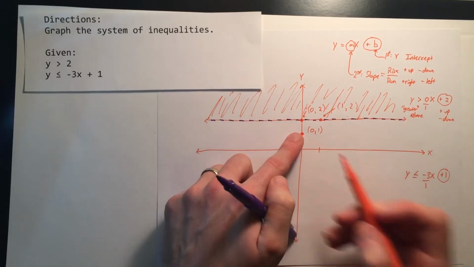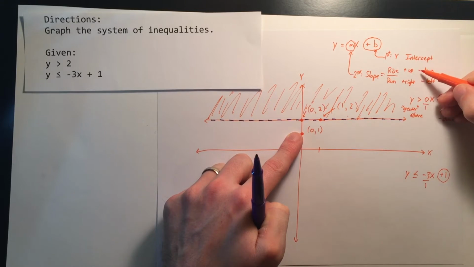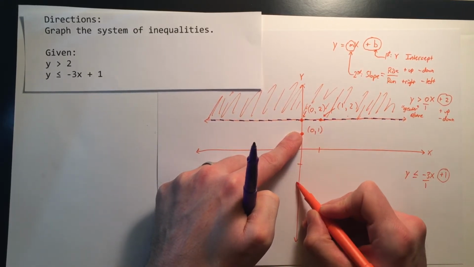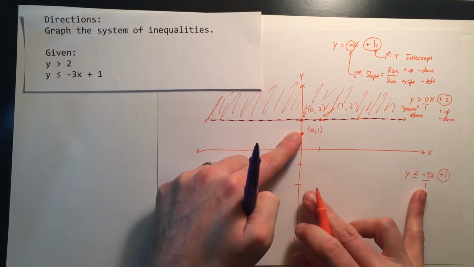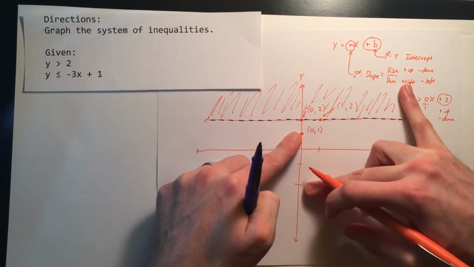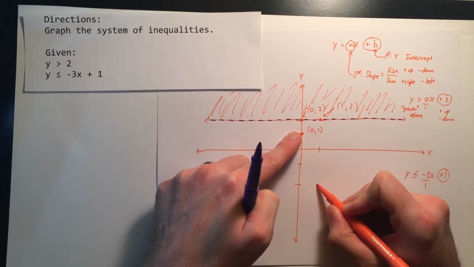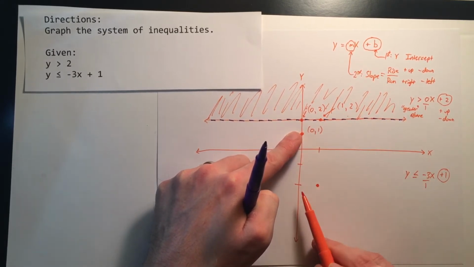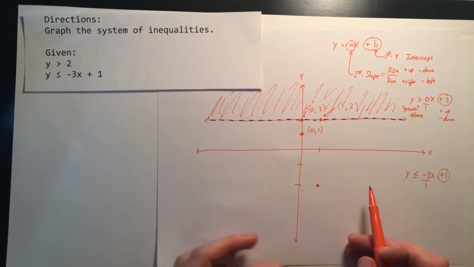And then from that point, we're going to follow the slope. The slope says negative 3, that's down 3, 1, 2, 3. Don't draw a point yet. And then finish it by going to the right 1. So we've started at our y-intercept and we've gone down 3, that's negative 3, right 1, that's positive 1, dot.